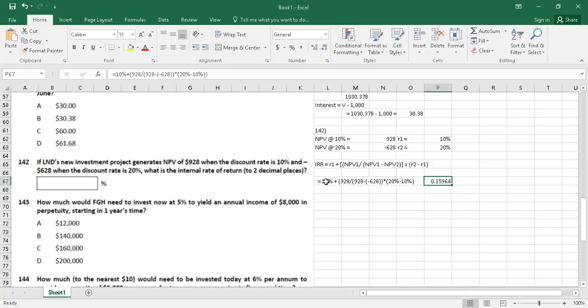I hope you are able to see this part of it. This is 15.964. Just click on percentage. Yeah. We get, check the calculation in the formula bar.